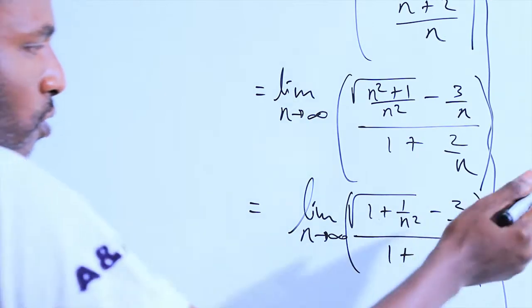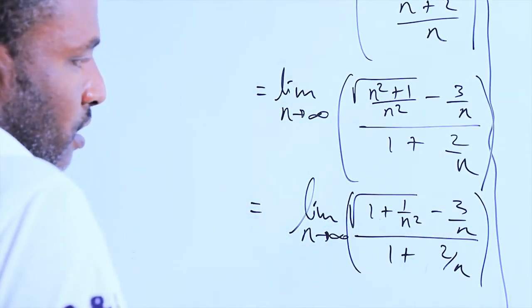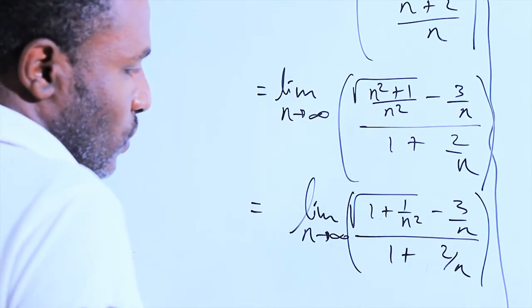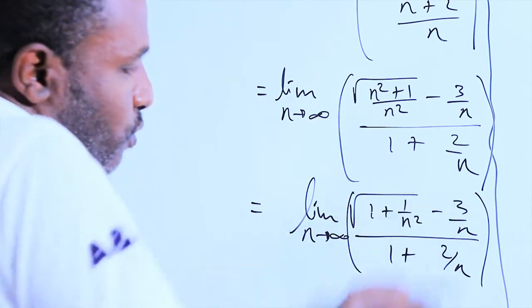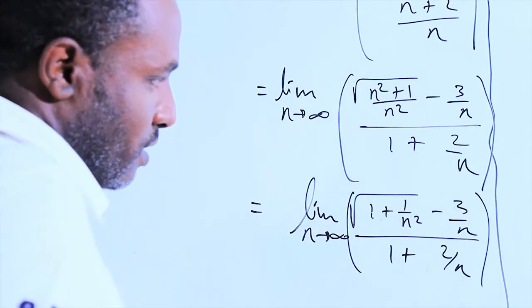Now you can perform every term, so you can apply the formula. So the limit of the numerator over limit of the denominator, we can say like this.